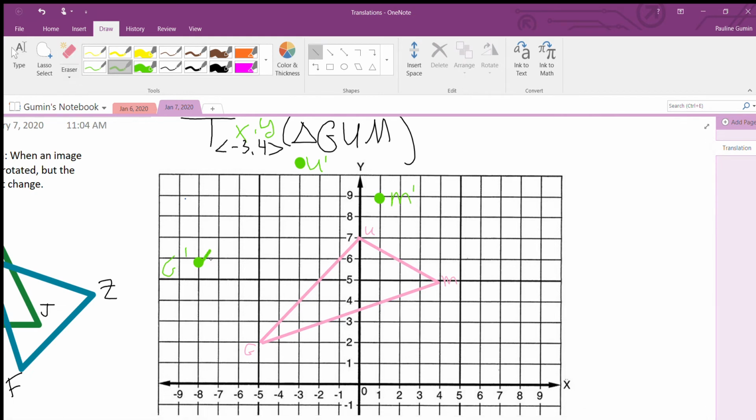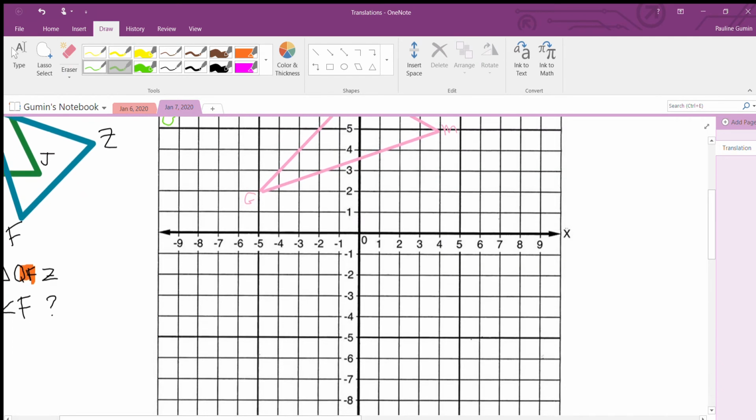That's kind of rude. Aha. See? It got scared. Perfect. And there is our beautiful GUM triangle translated to the left 3 and up 4.